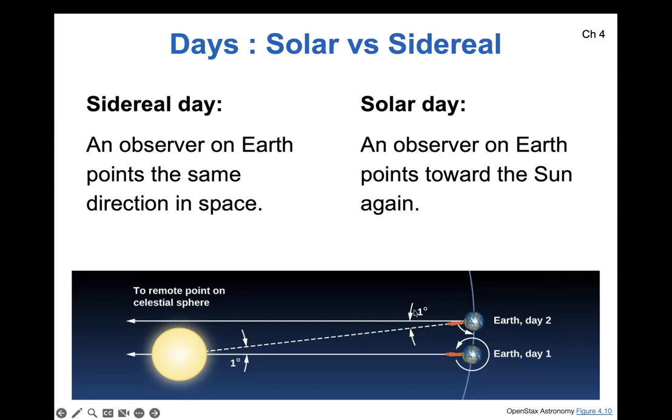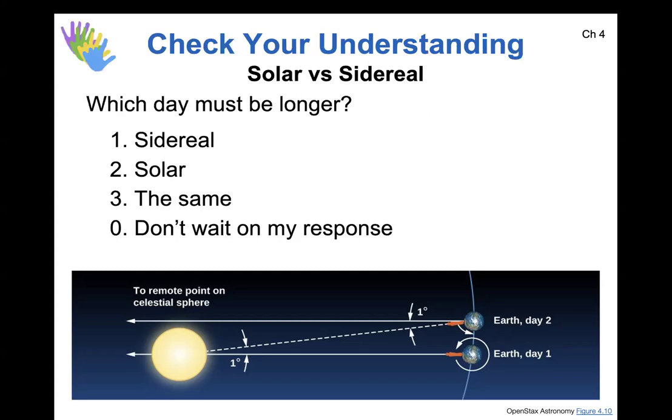So 1 extra degree of rotation is what the Earth needs to complete in order to finish a solar day. So a solar day is 1 degree longer, approximately, than a sidereal day. Right? Okay. So that's the difference between the solar day and the sidereal day.